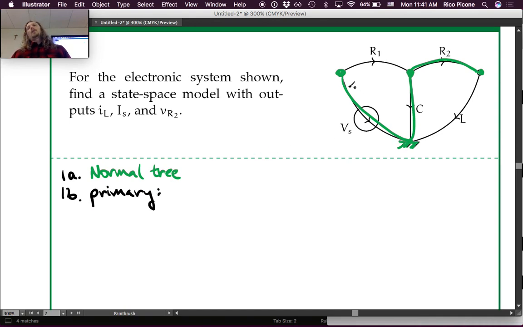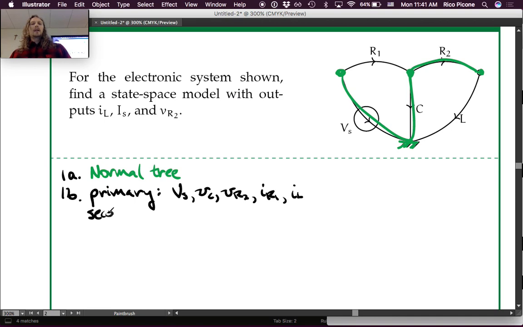First, primary variables are cross variables on branches: VS, VC, VR2, and then through variables through links: IR1, and then what's the last one? IL. Very good.